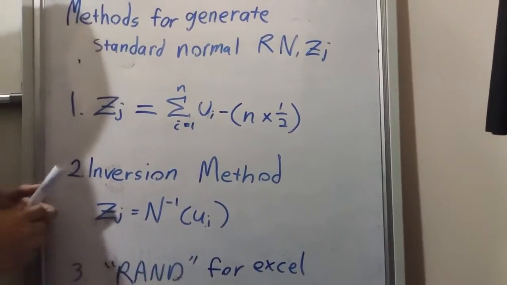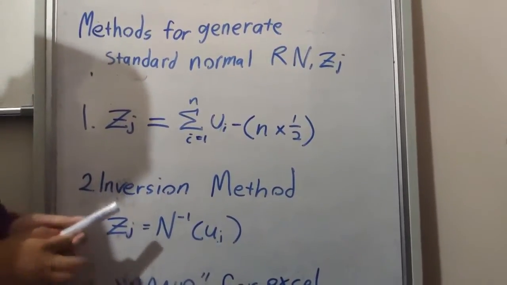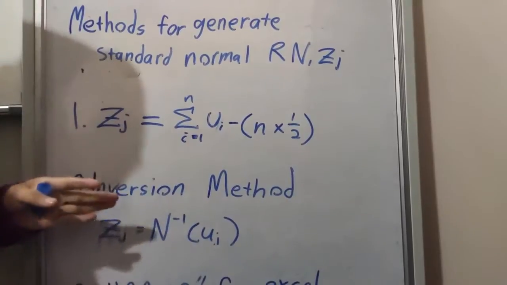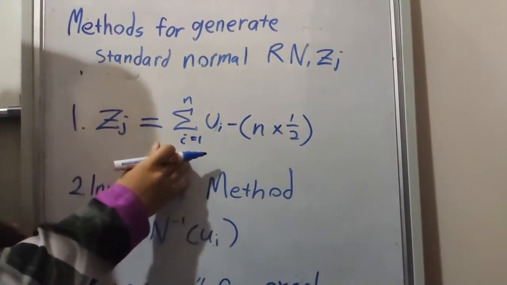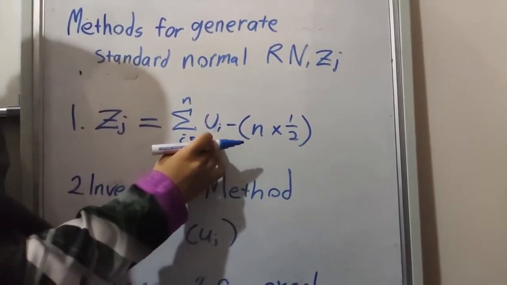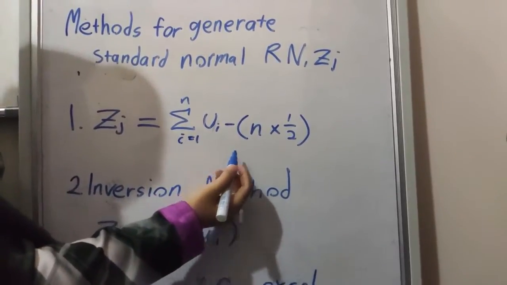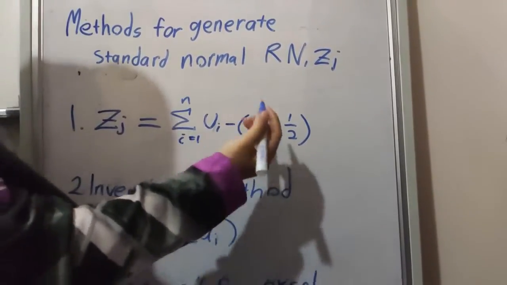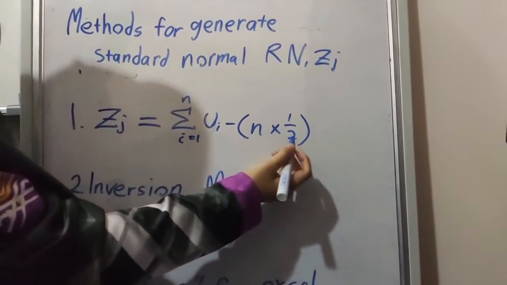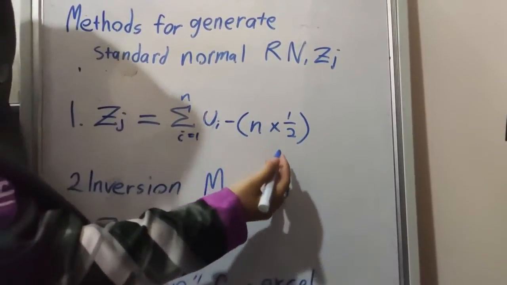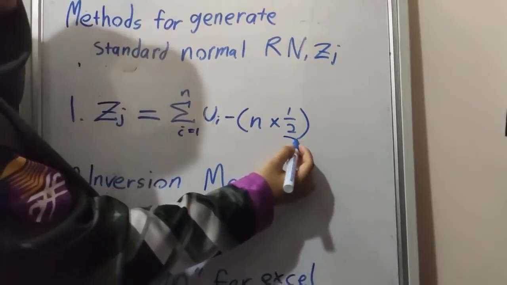There are several methods of generating standard normal random numbers. Firstly, by using the formula of the summation of uniform random numbers minus the total number of random numbers times the mean of the uniform distribution, which is 1 over 2.